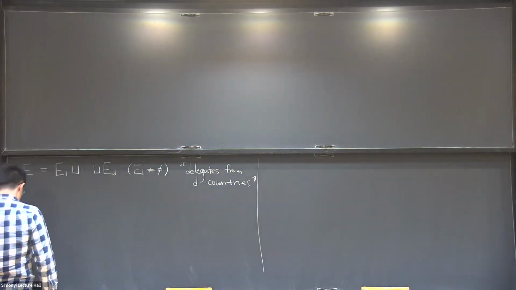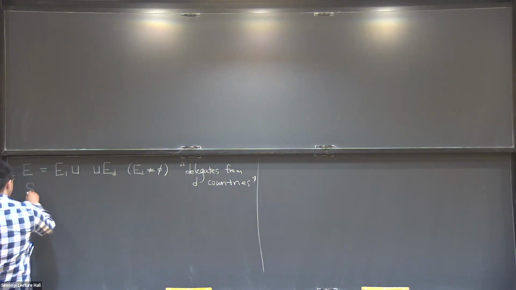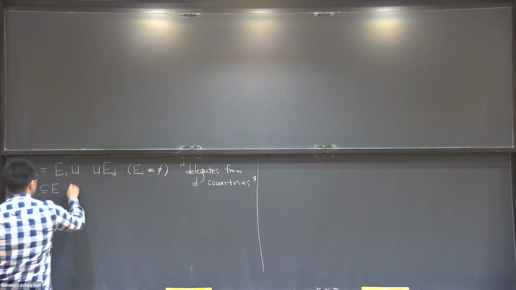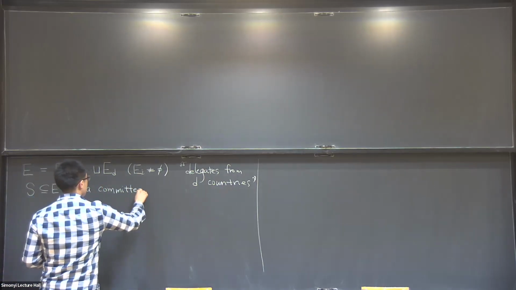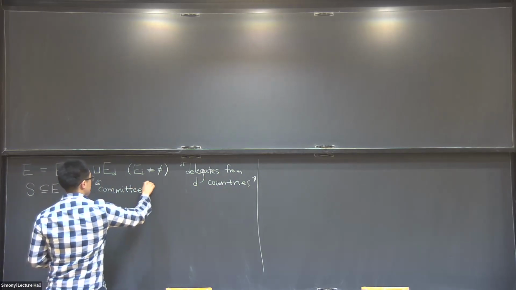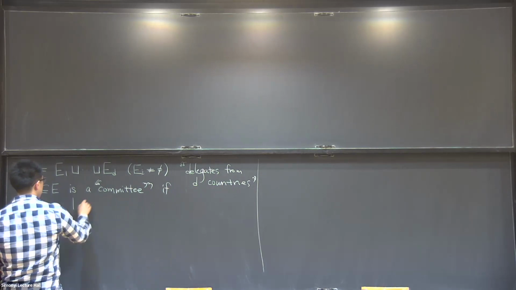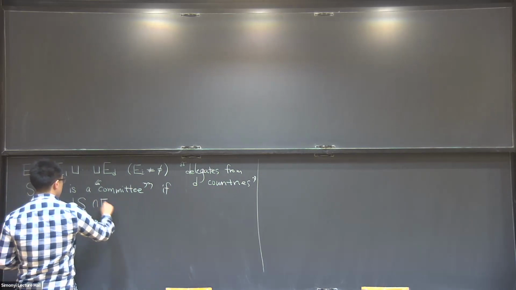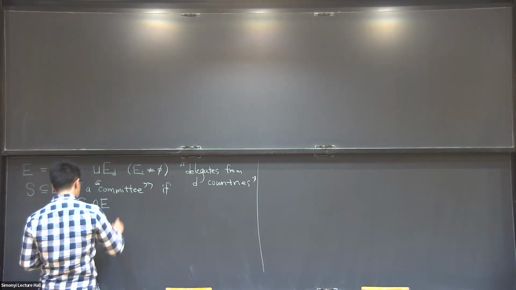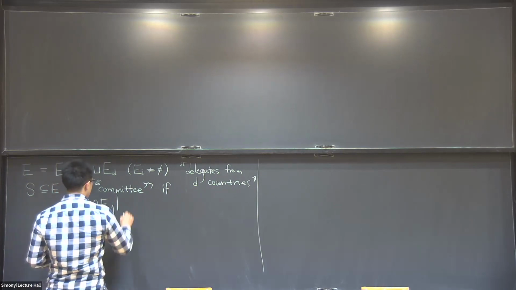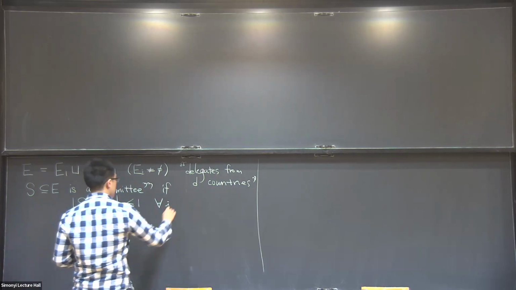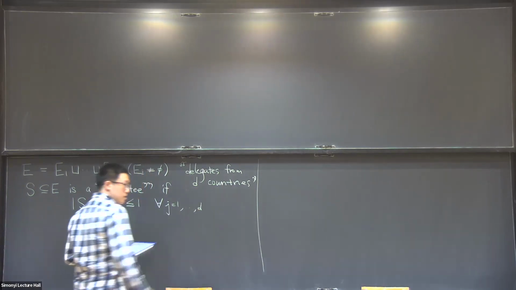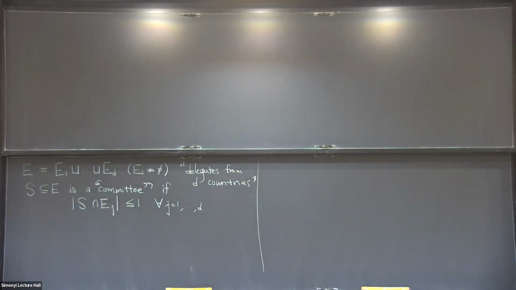Now, let's say a subset S of E is a committee if S intersect E sub A is at most 1 for every A. In other words, it's a group of people in this meeting where every country is represented at most once.